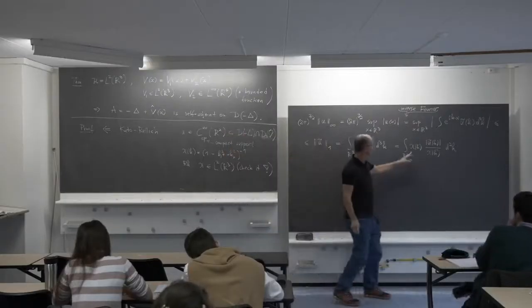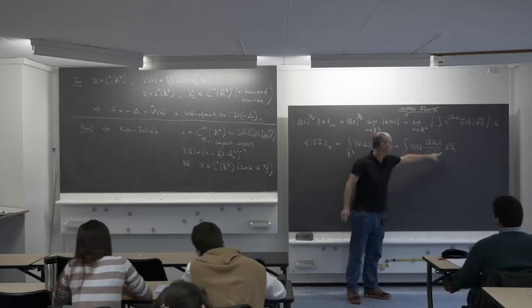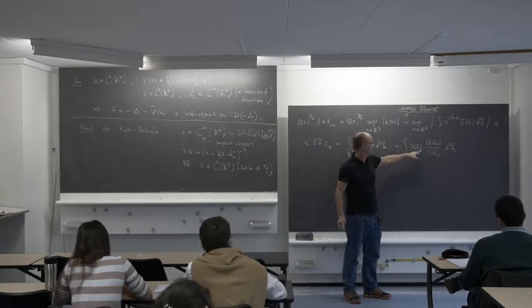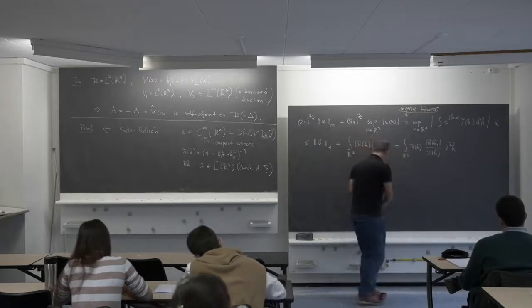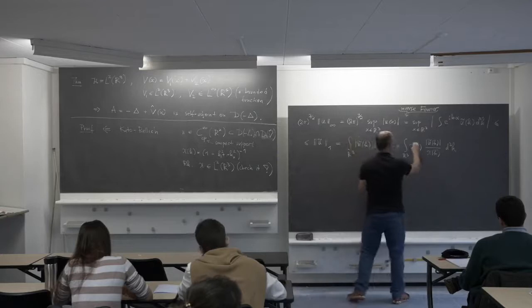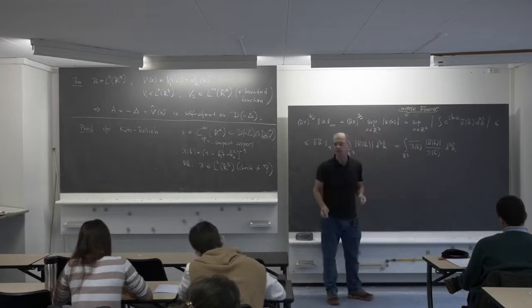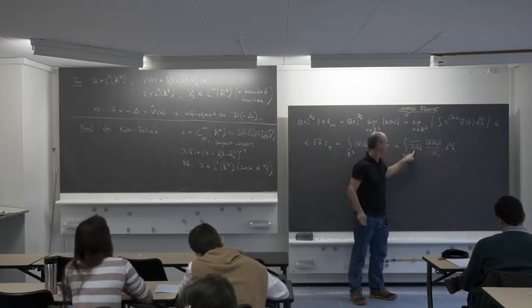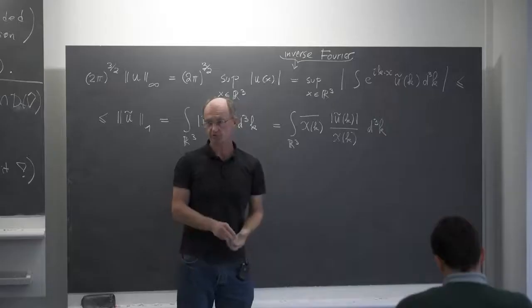Now it looks like a Hermitian product in L2. Right? This guy is actually real valued, so if I want, I can put a complex conjugate on it. It doesn't change anything. So it's a Hermitian product in L2 of those two things.